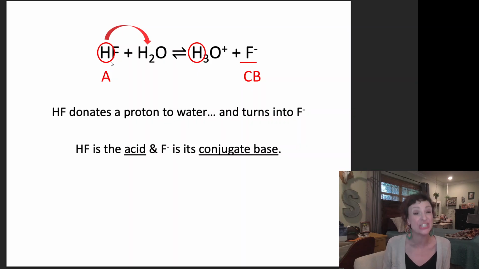It is a hydrogen ion with a positive charge. So not only am I removing a hydrogen for him to turn into his conjugate base, I am removing a positive charge from that substance, okay? So here hydrofluoric acid started off as neutral. So if I've removed one positive charge, the result will be a negative charge, okay? So you kind of have to think about the charges, which makes it super fun.